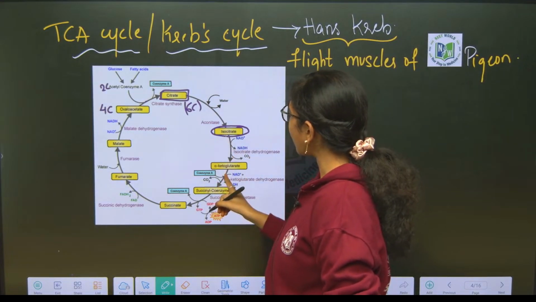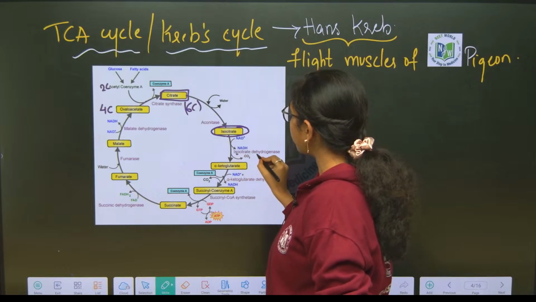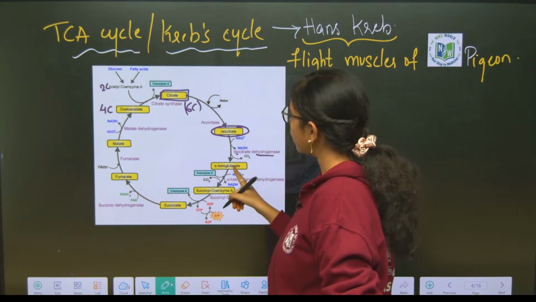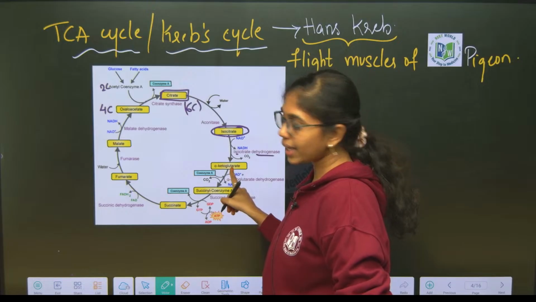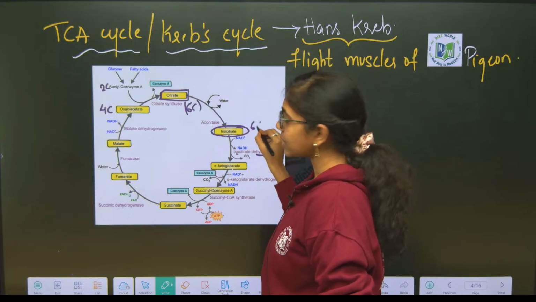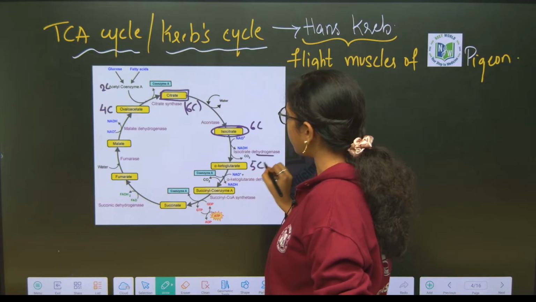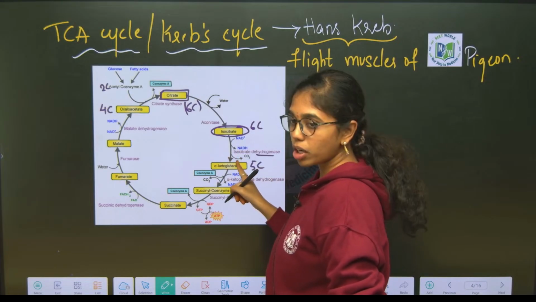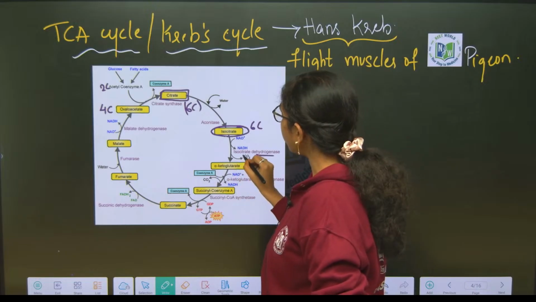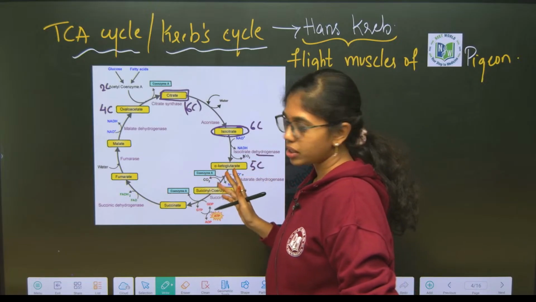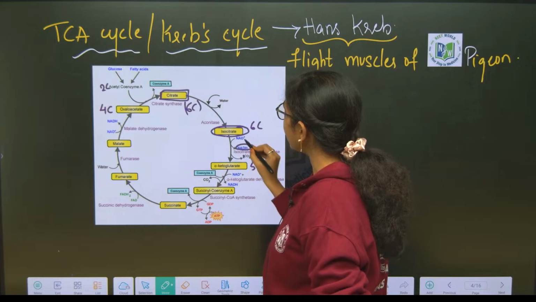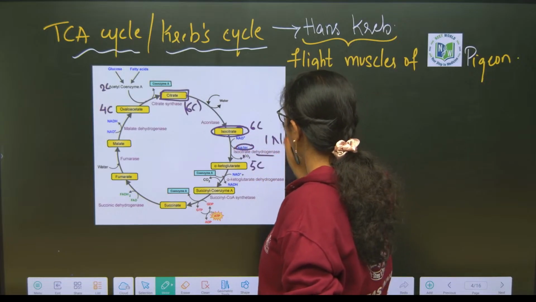Isocitrate gets decarboxylated by the enzyme isocitrate dehydrogenase into alpha ketoglutarate acid. Isocitrate is a 6 carbon compound, alpha ketoglutarate will be a 5 carbon compound, and here decarboxylation happens. 1 carbon dioxide will be released and 1 NADH is synthesized.